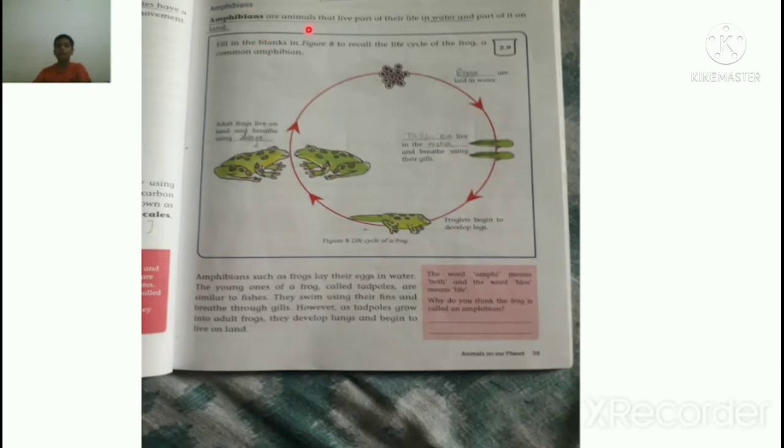Now comes the topic amphibians. Amphibians are animals that live in water and on land also. Take the example of frogs. Amphibians such as frogs lay their eggs in water. Their young ones, called tadpoles, are similar to fish, and they swim using their fins and breathe through gills. However, as a tadpole grows into an adult frog, it develops lungs and begins to live on land.